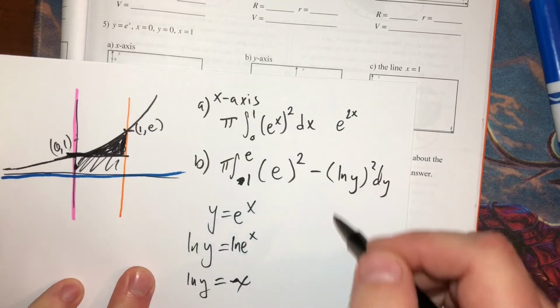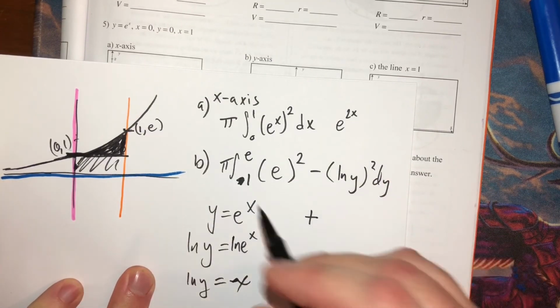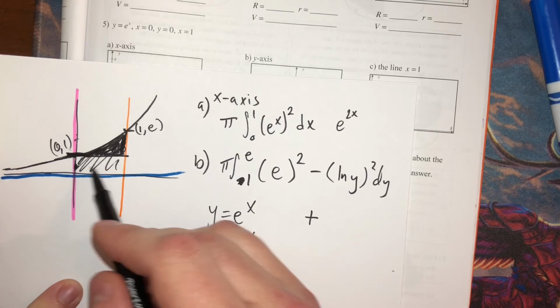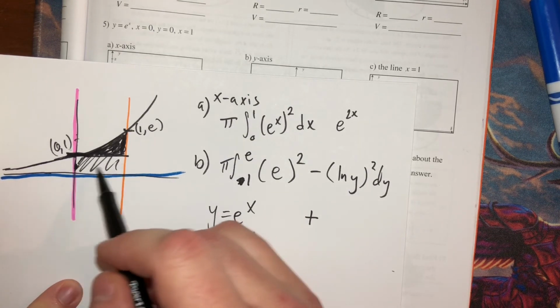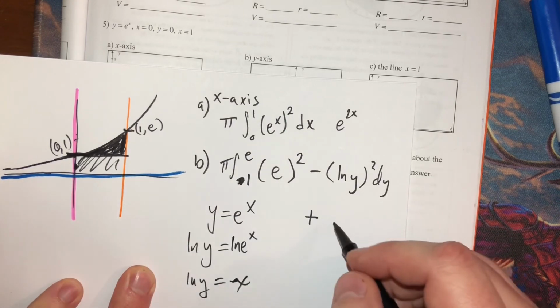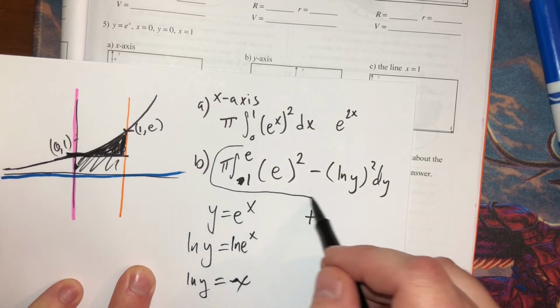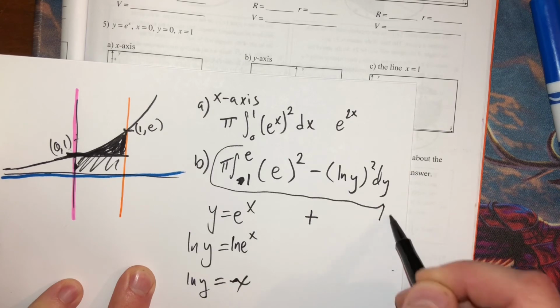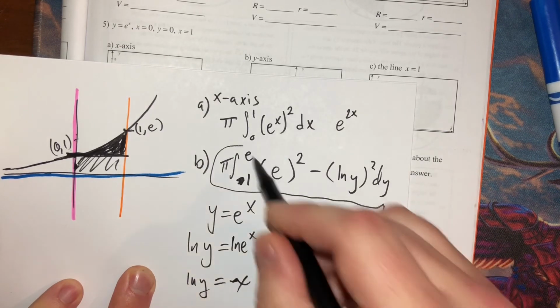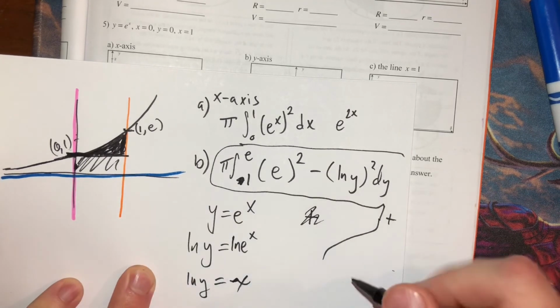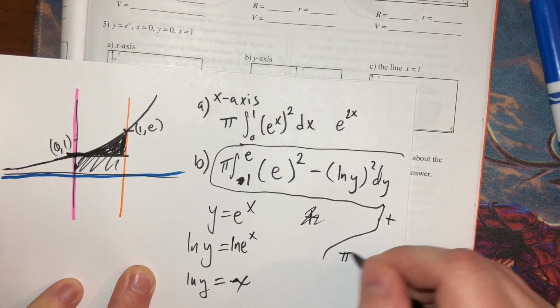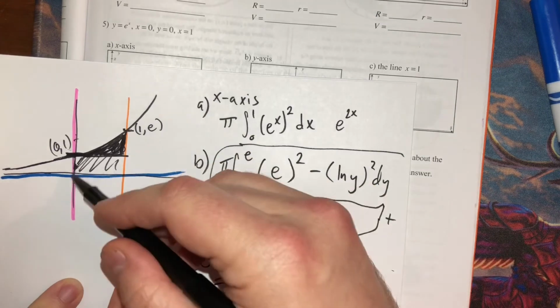Well, I could take this whole thing and then add on, this is just a straight up cylinder. There's no weird curvature or anything. I can just take all this plus a cylinder of radius e and a height of 1.